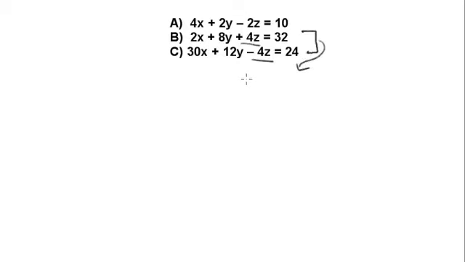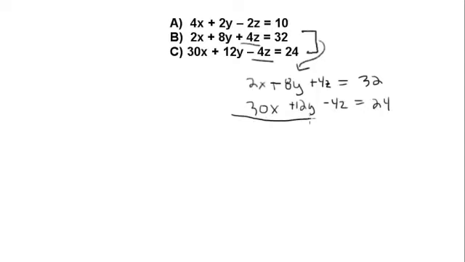So we have 2x plus 8y plus 4z equals 32. Then we have 30x plus 12y minus 4z equals 24.